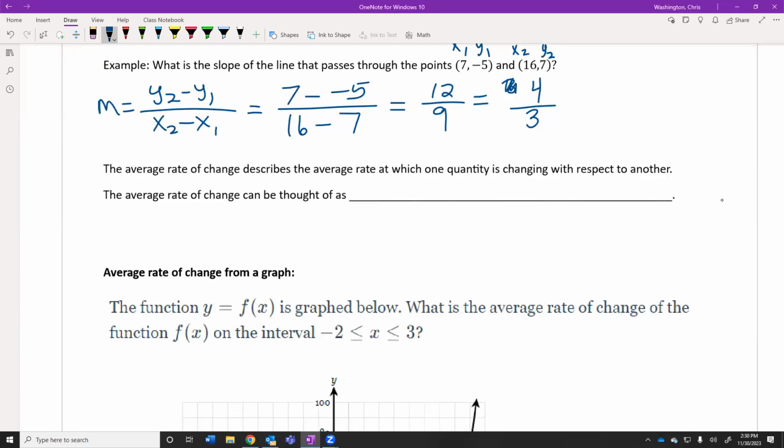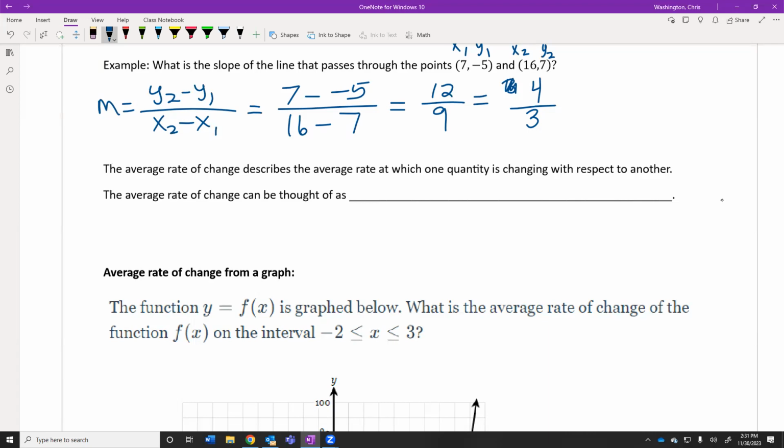How much did it snow on average? So 2 plus 6 is 8, divided by 2 is 4. It snowed on average 4 inches per hour. Did it actually snow 4 inches the first hour or the second hour? No, but on average it snowed 4 inches per hour. That is the average rate of change.